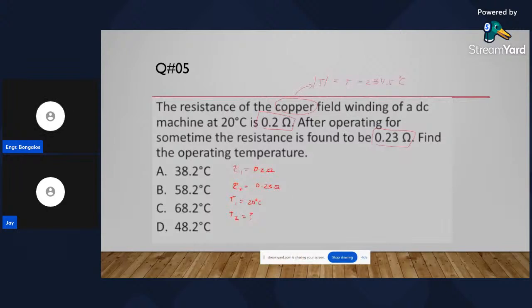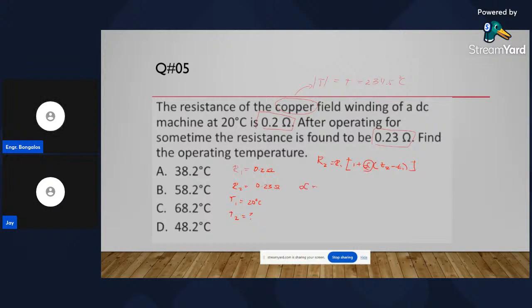So first, sulat natin yung formula. 'Di ba yung formula is R2 is equal to R1 times 1 plus alpha times the quantity delta T natin, which is T2 minus T1. Para hindi malito, yung temperature natin dito, lagay na lang natin maliit na t. So, first, kailangan natin hanapin yung alpha.